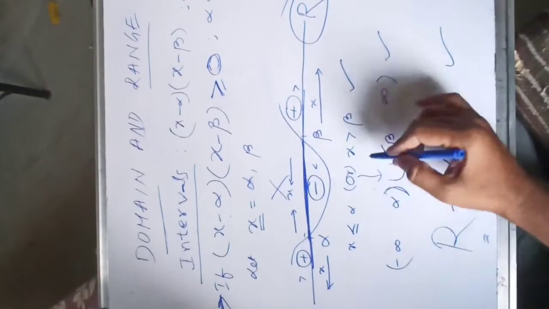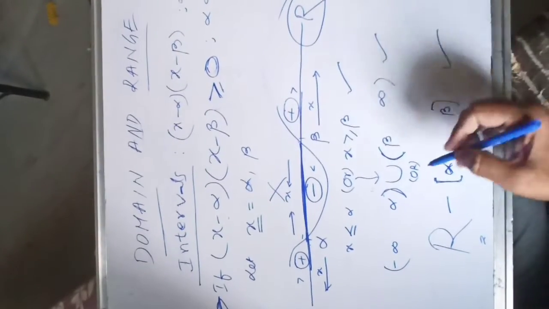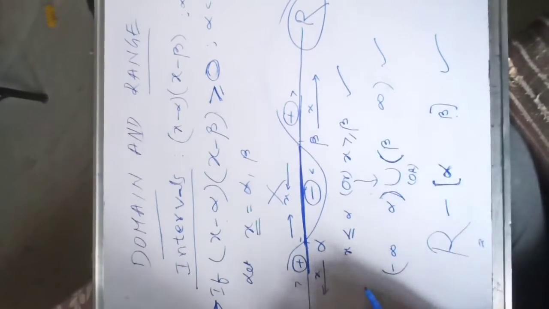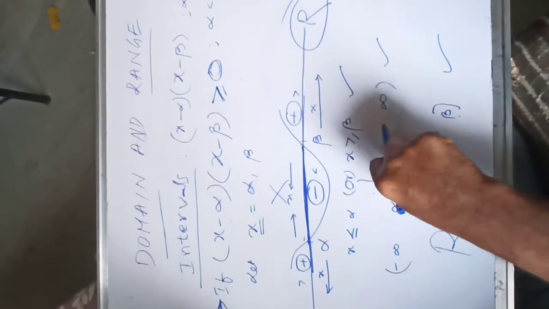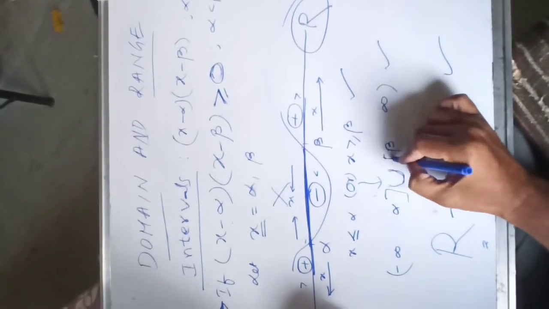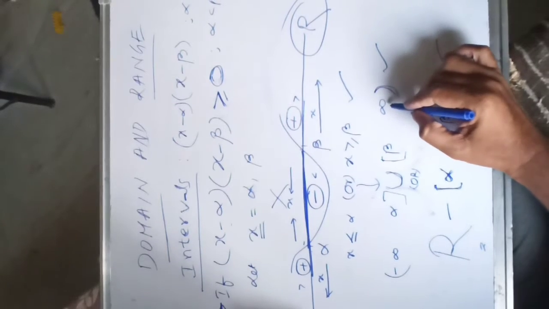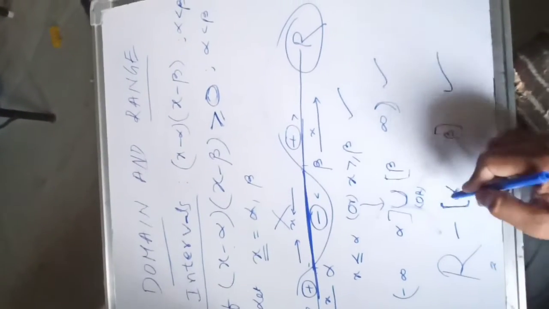Since the equal to symbol is there, here also we write the equal to symbol. We have to make the interval closed: it is closed, then union, and this is closed. At infinity we put the open interval because we don't know its value and we are not including it.